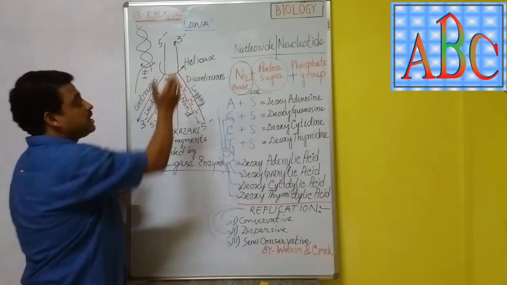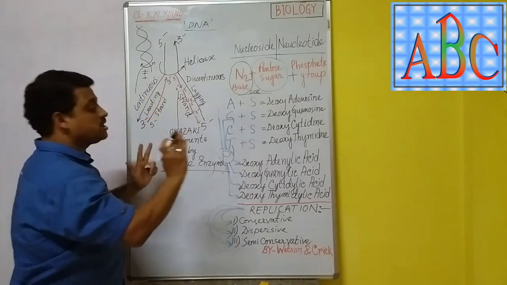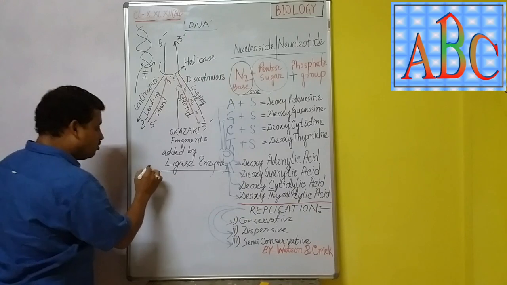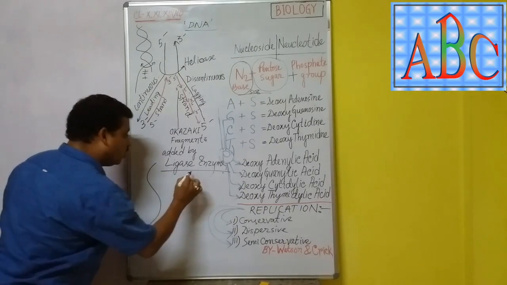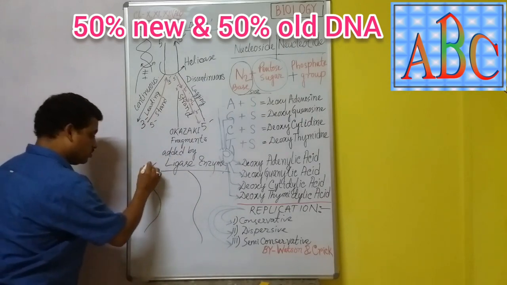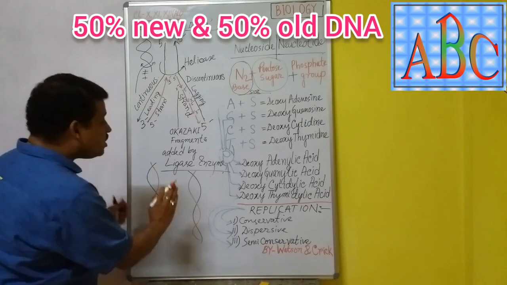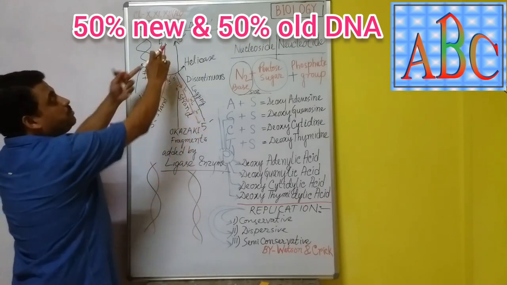We know the helicase enzyme functions, and when the complete two sets of DNA are formed, the newly formed DNA and the old one look like this, and the new one I can show you in red color. So two new DNAs are formed from the previous one.